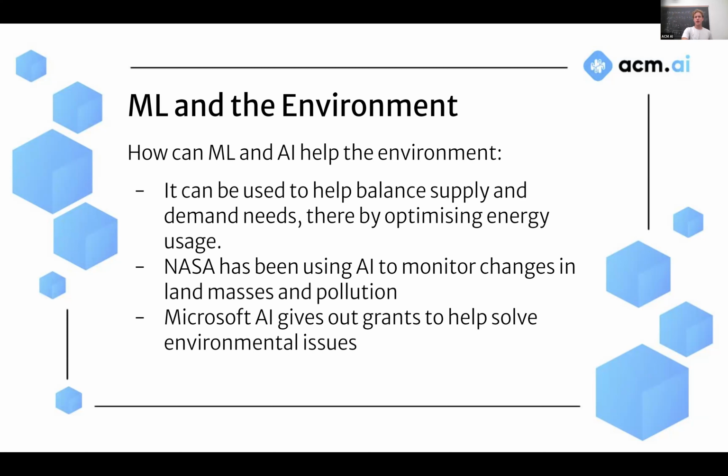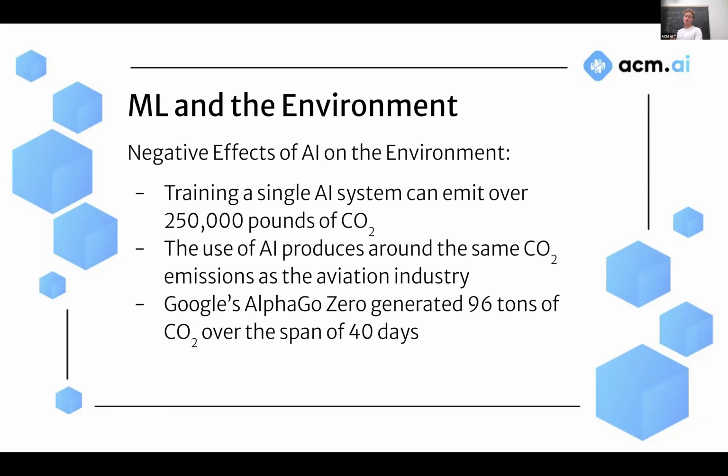But there is a downside, which is that training is computationally expensive. Training a single AI system requires a lot of energy, and as we see here, it can emit a lot of tons of CO2, which is not great. The use of AI produces around the same CO2 emissions as the aviation industry, which I think is around 2% of global emissions or something like that.